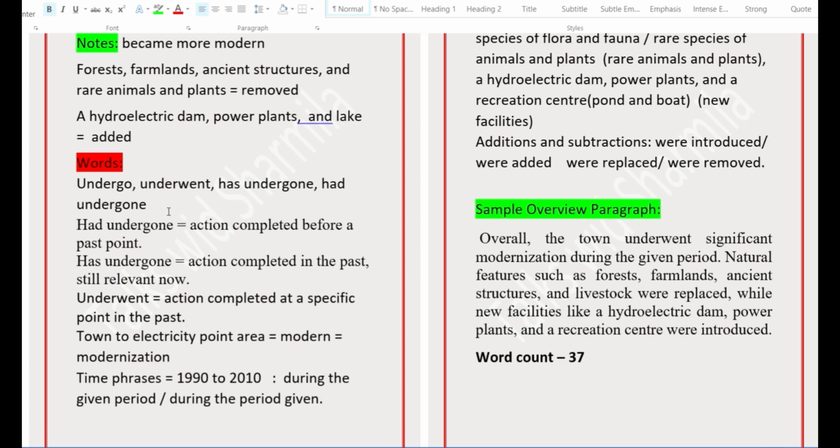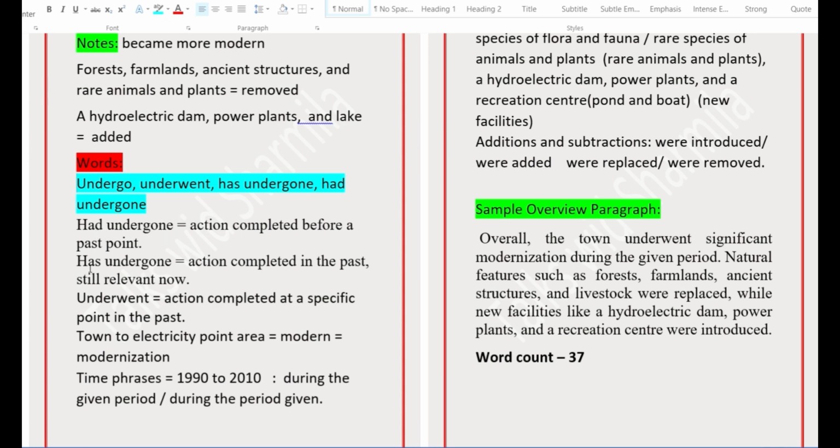Because there is a lot of confusion in the usage of these verbs, we have made examples and explanations. You use had undergone when you are speaking about an action which is completed before a past point. Before the past time only, the action has been completed. So that is had undergone.